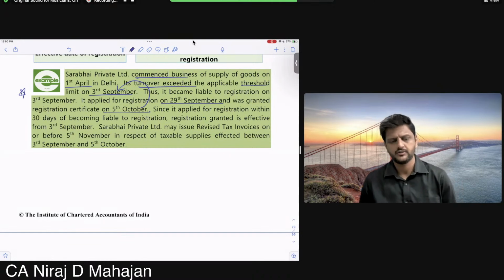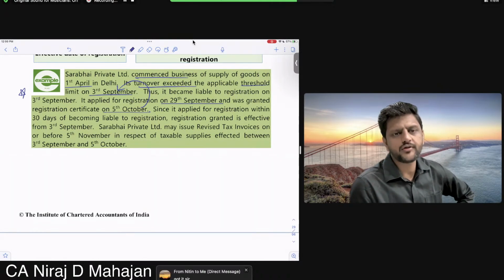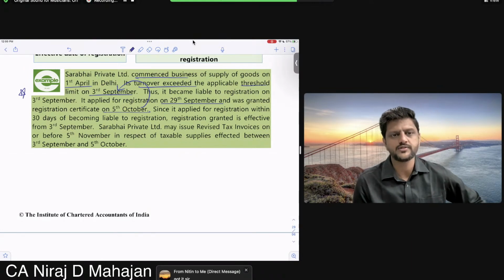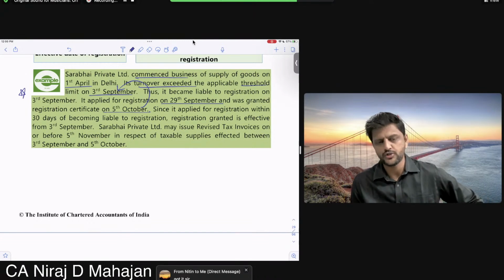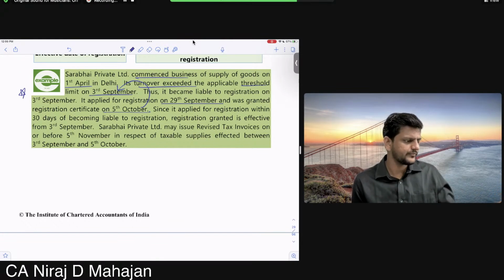Did you understand or not? He got the certificate on 5th October. So after that, within 30 days, by 5th November, he has to issue revised invoices for the period between 3rd September to 5th October.